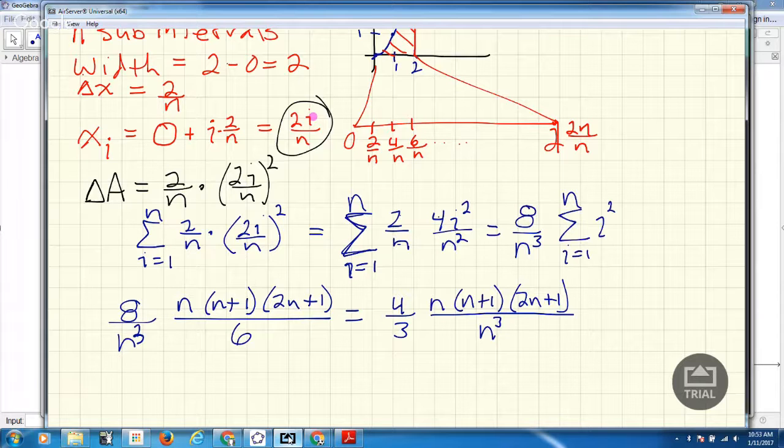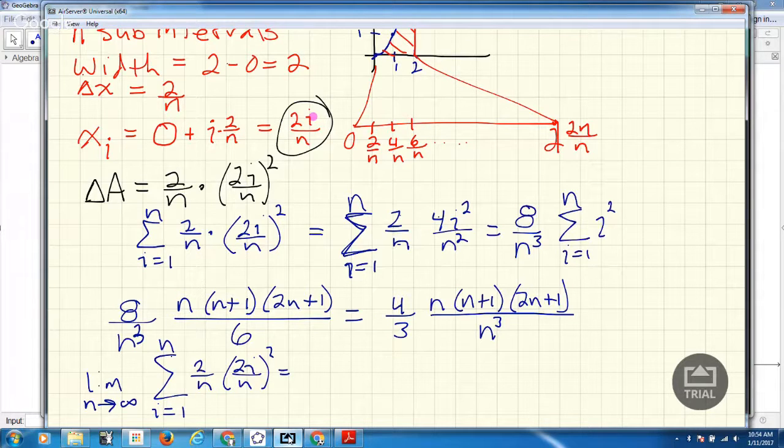What we can do is take a look at the limit as n gets bigger. So we get more and more rectangles, they get thinner and thinner and thinner, of our original Riemann sum. So as i goes from 1 to n of 2 over n times 2i over n all squared.